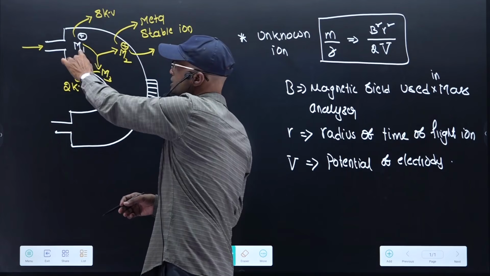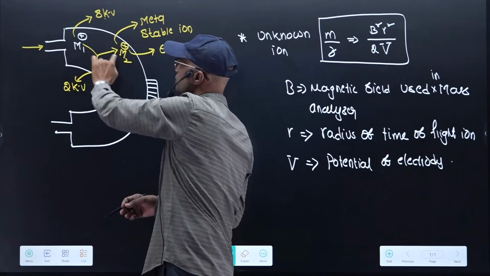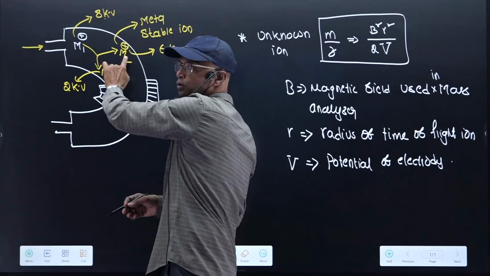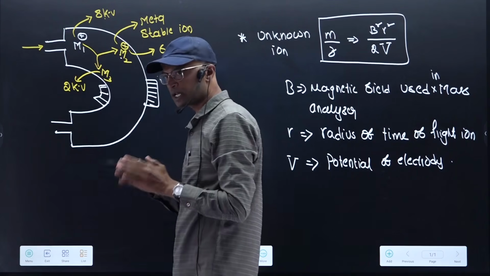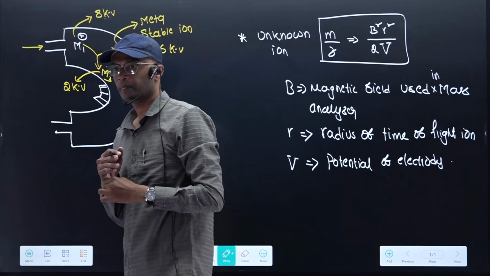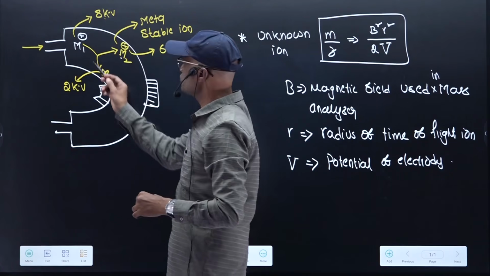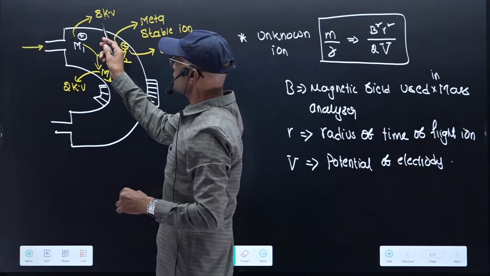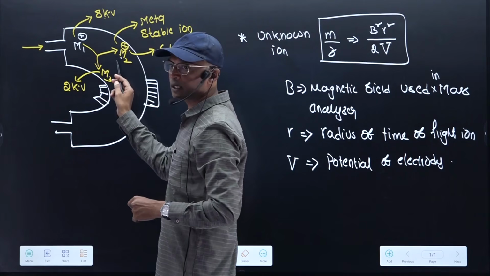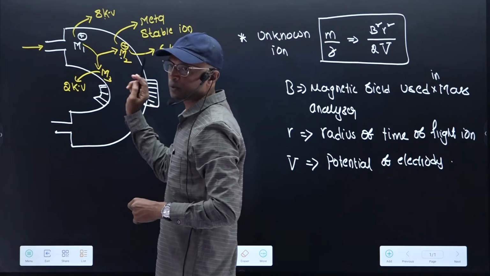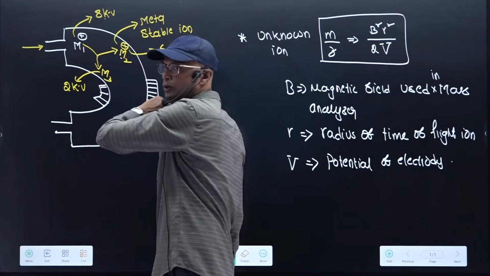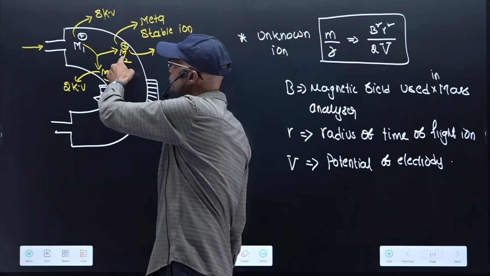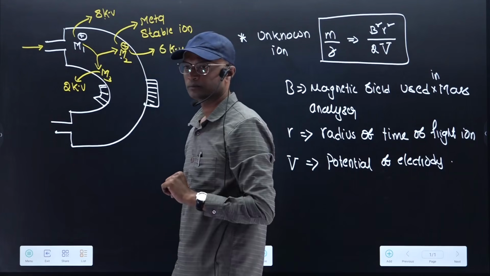So here the acceleration capacity is 8 kilovolts, but for this one it is 6 kilovolts. Which can fly faster, parent or daughter? The parent can fly very fast because its acceleration capacity is very high, but here acceleration is very poor, so the daughter moves very slowly.